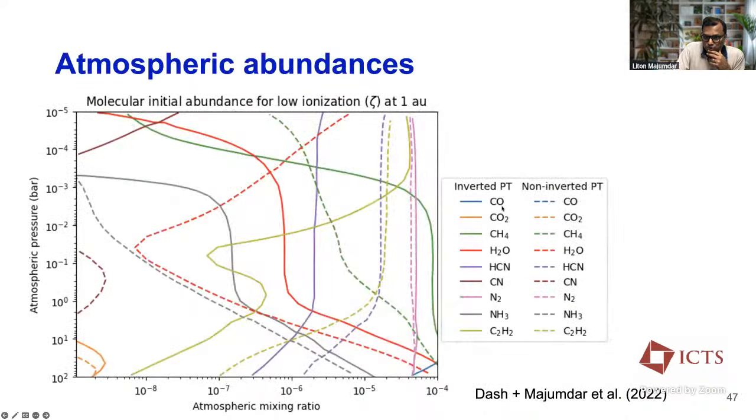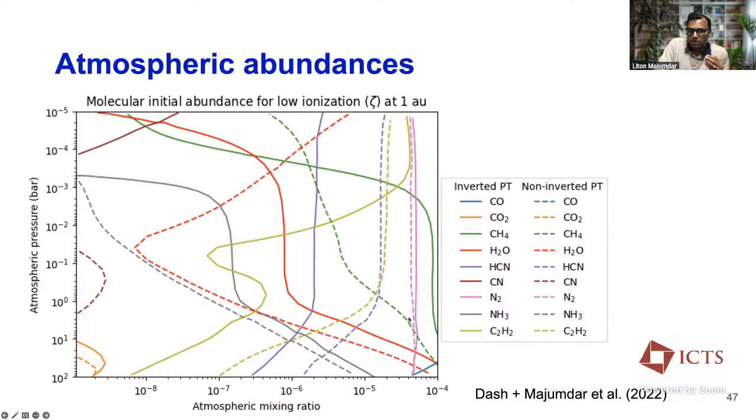Here I'm showing just one profile, if you are looking into the initial abundances, which is basically assuming your planet has accreted the gas at 1 AU, which is a low ionizing environment. Then what you see here is how each of your equilibrium and disequilibrium abundance profiles are changing. So there are two cases, the dotted lines for the non-inverted TP profile, and this is inverted. So that's not important here.